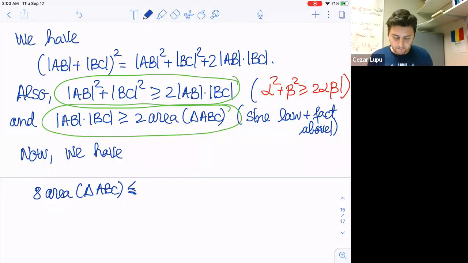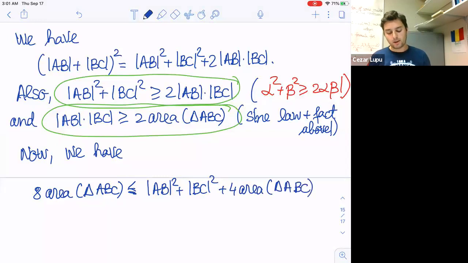So this will be less than AB squared plus BC squared plus 4 times the area of the triangle ABC.